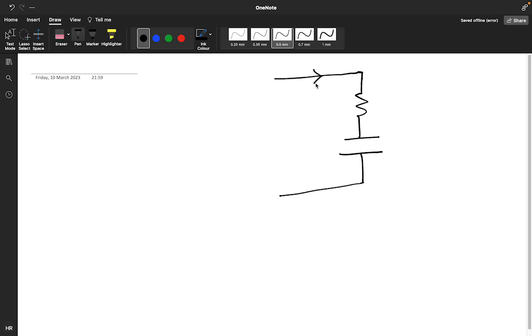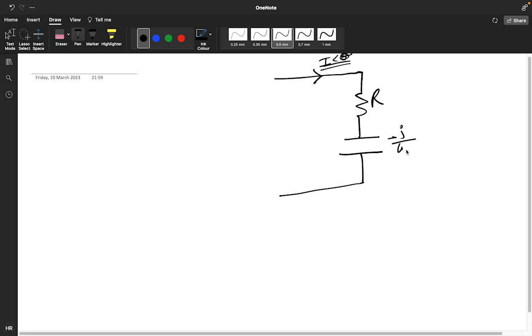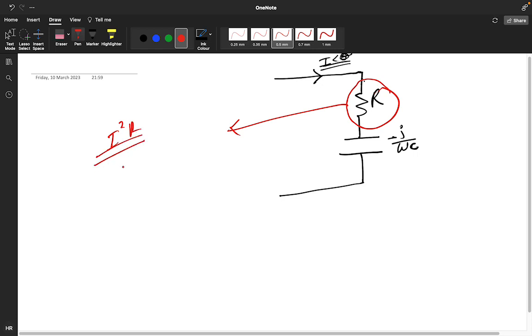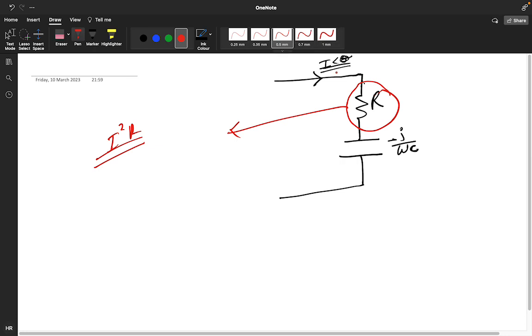I'm supposing that some current I at an angle theta is flowing, and this is R and this is minus j by omega C. So what will be the power across this particular load? Power is I square into R. Remember, guys, power is I square into R.